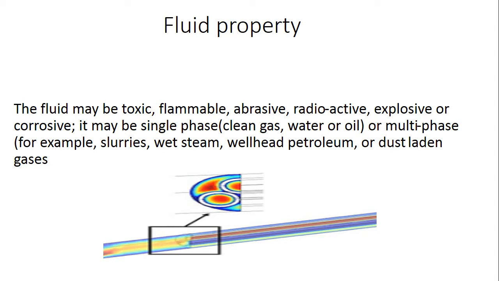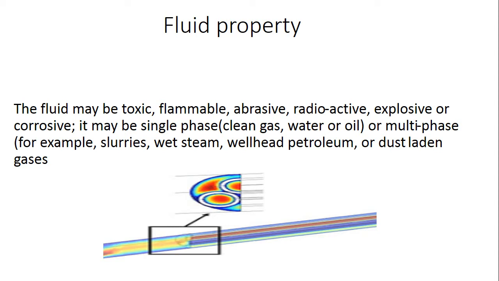If you take a pipeline, the fluid flowing through the pipeline may be toxic, flammable, abrasive, radioactive, even explosive or corrosive. And you have single phase liquids, clean gases, water or oil, or multi-phase, for example slurries and wet steam.